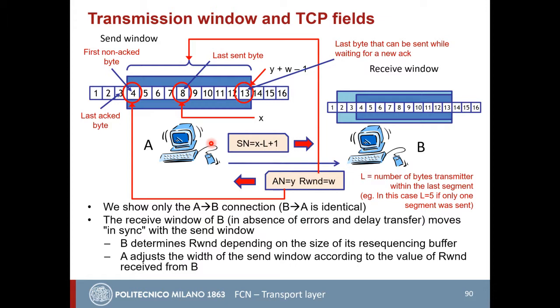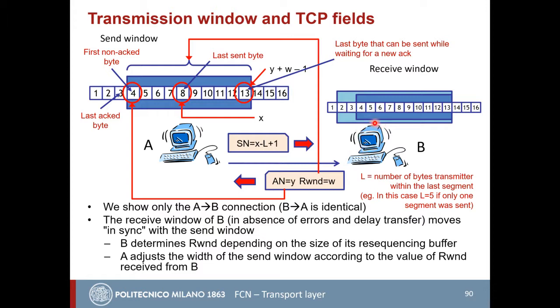So the receive window, in the absence of errors and transfer delays, so in ideal conditions, moves in sync with the send window. B determines the parameter to write back to the sender, depending on the size of its resequencing buffer, and A adjusts the width of the send window according to the value received from B. Here you can see that the send window and the receive window are in sync.